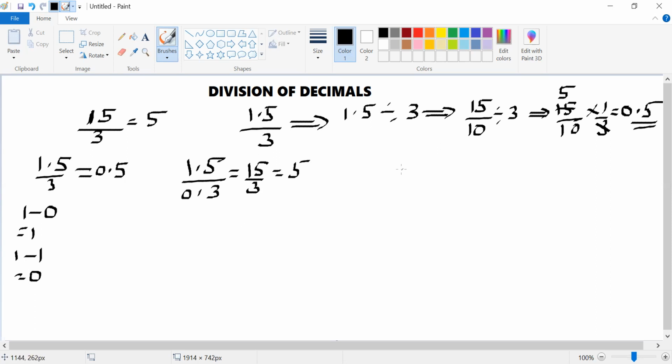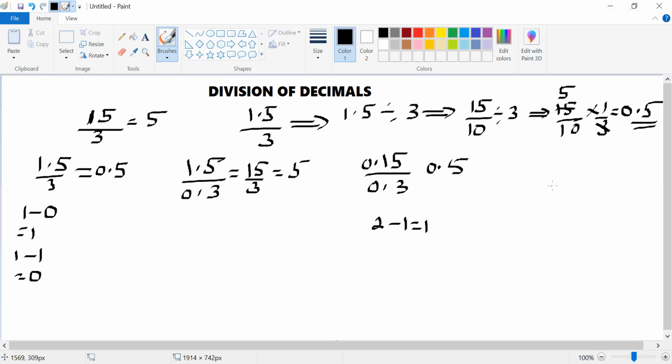Now, if the question is 0.15 divided by 0.3, the numerator and denominator both are decimal here. So 15 by 3 is 5. Numerator 2 decimal places, denominator 1 decimal place. Subtract 1, so the answer will have 1 decimal place, 0.5.